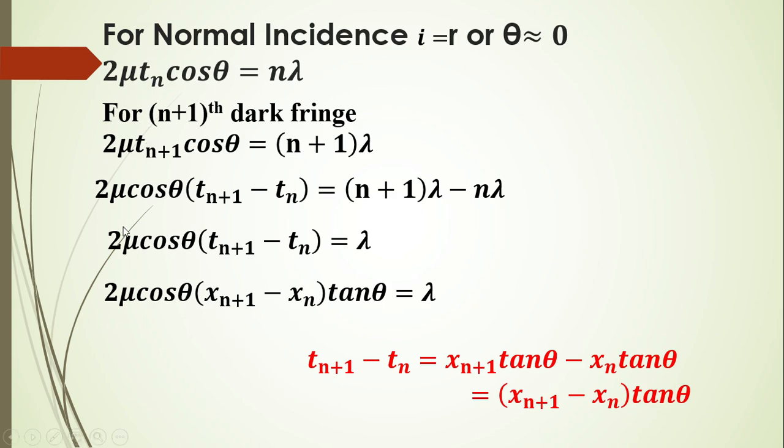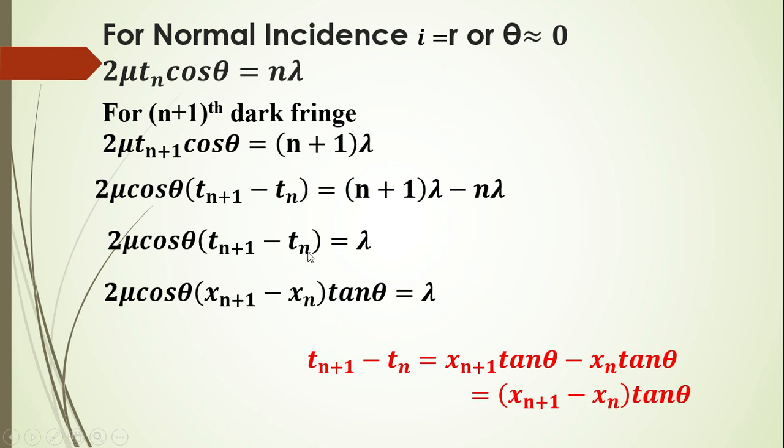Subtracting these equations and taking 2 mu cos theta common, 2 mu cos theta (T(n+1) minus Tn) is equal to (n+1) lambda minus n lambda, which is lambda. Now T(n+1) minus Tn is equal to (S(n+1) minus Sn) tan theta.